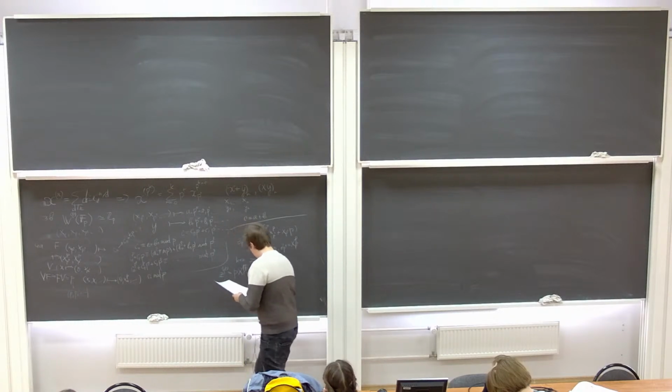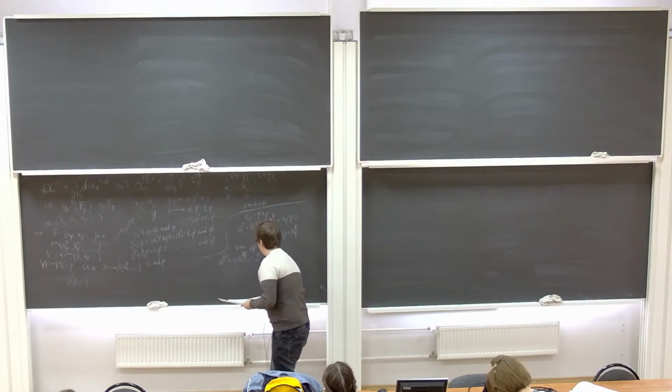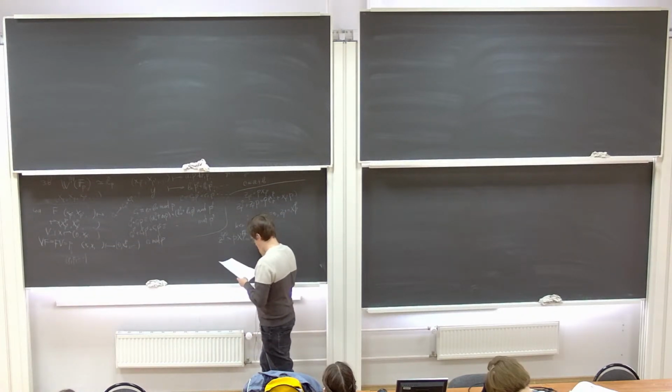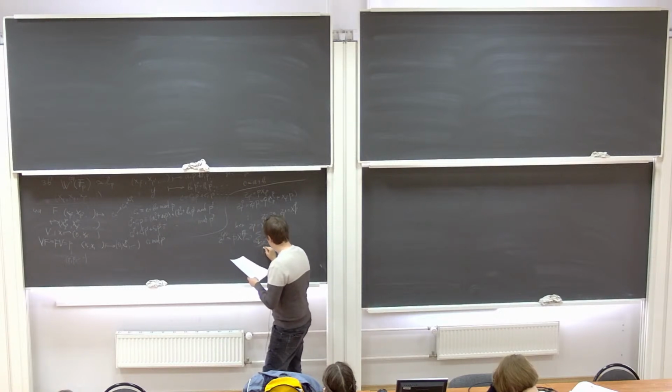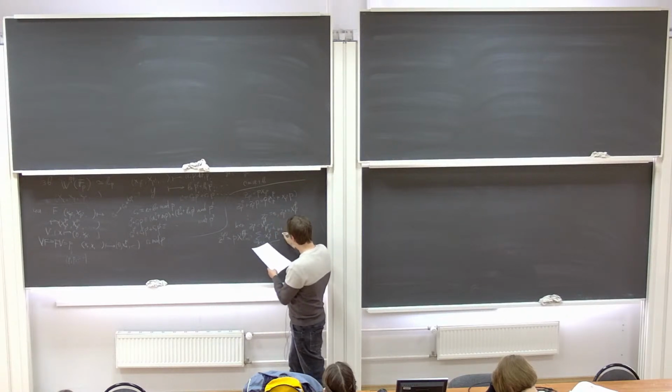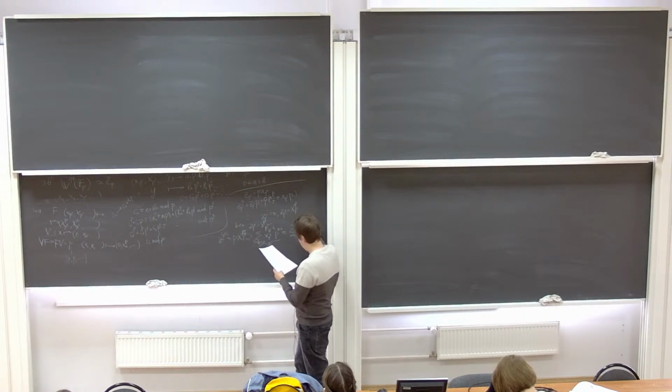This is p times x_{p^n} ghost component, is equal to, okay.